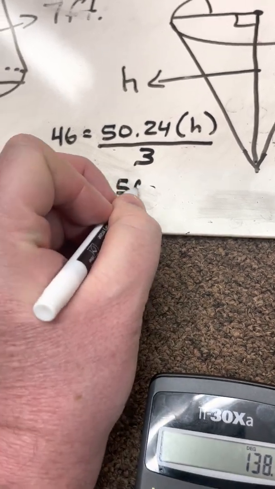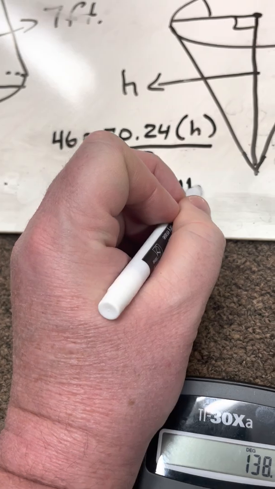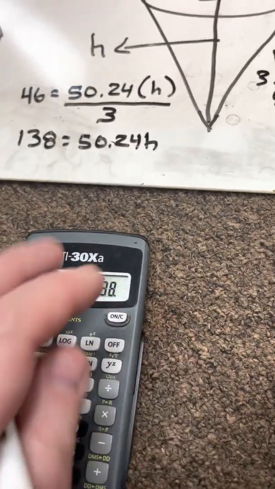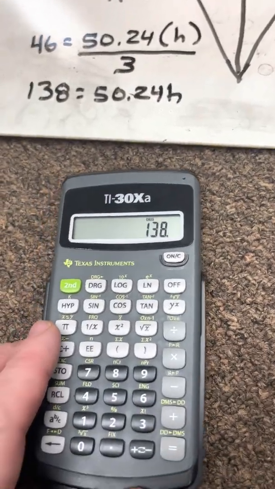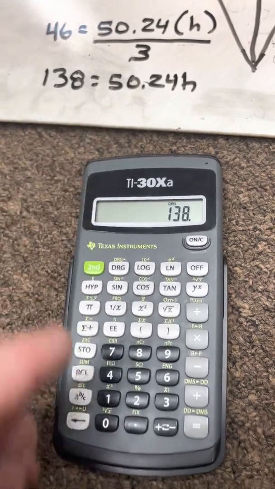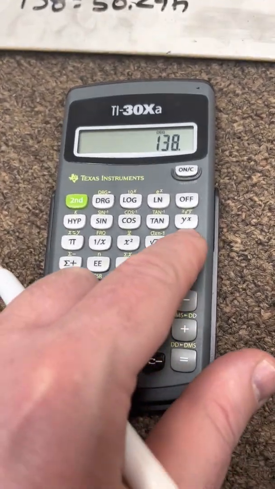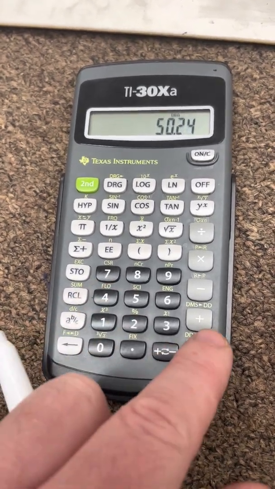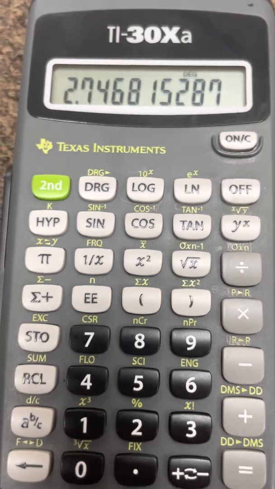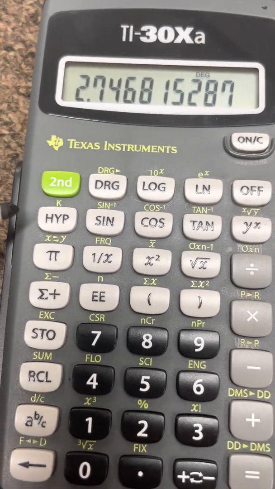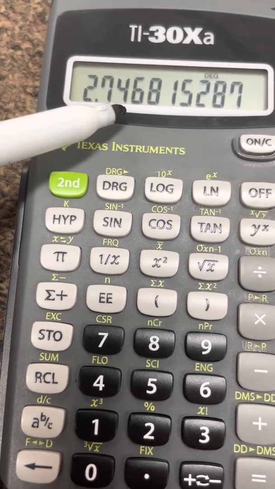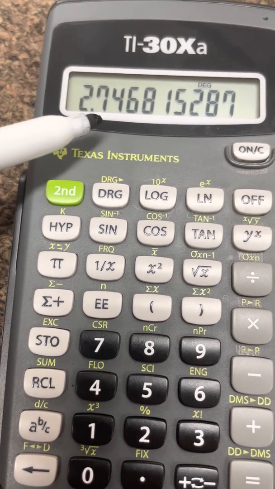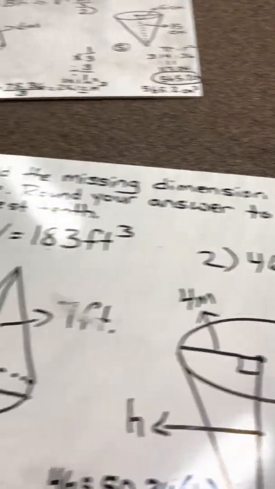So 138 equals 50.24H. Now I have to divide both sides by 50.24, and that's going to isolate the H. So 138 divided by 50.24 equals 2.7468. Now the 4 in the hundredths place tells me to round down, because remember my directions are telling me to round your answer to the nearest tenth.